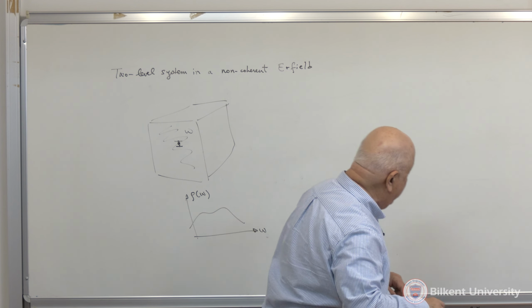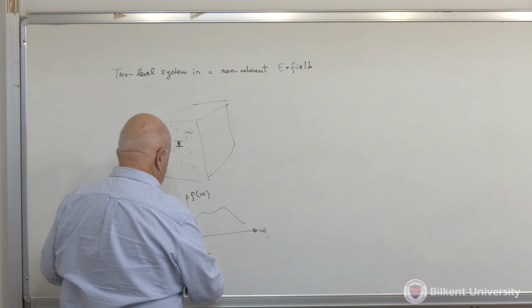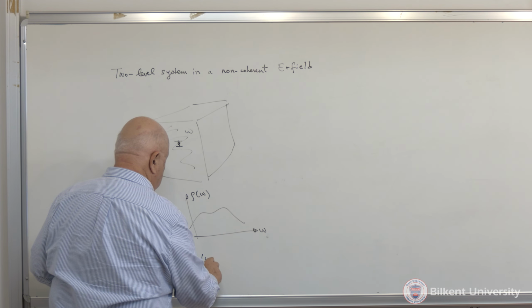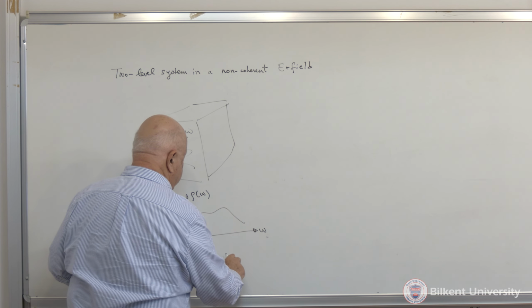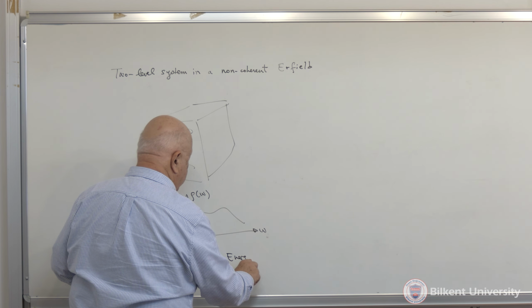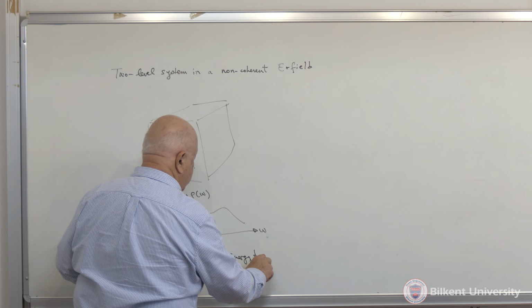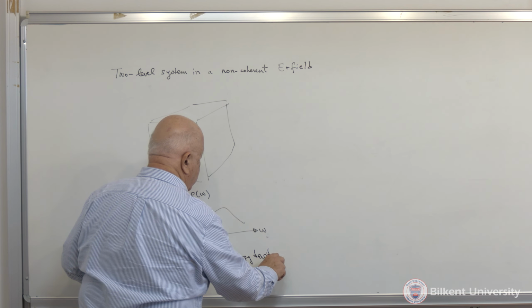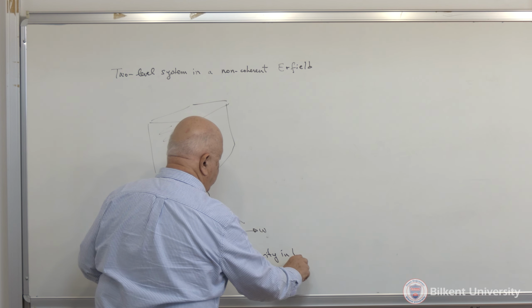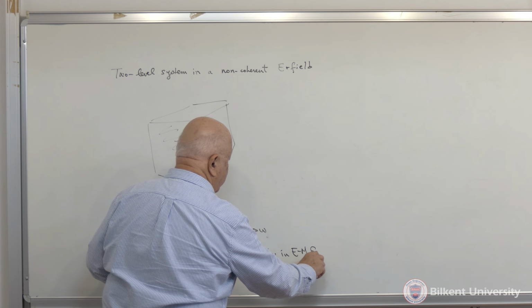So that rho of omega is the energy density in the electromagnetic field.